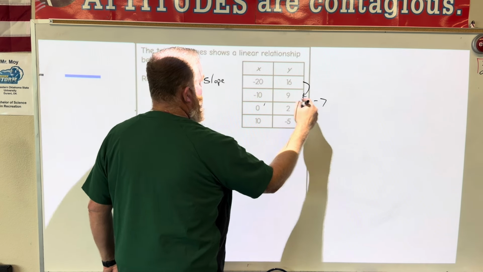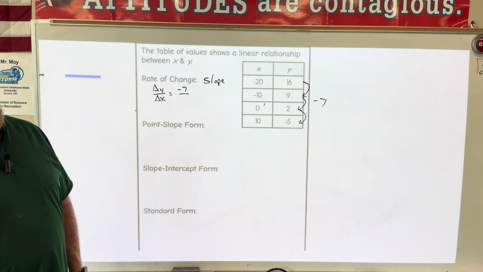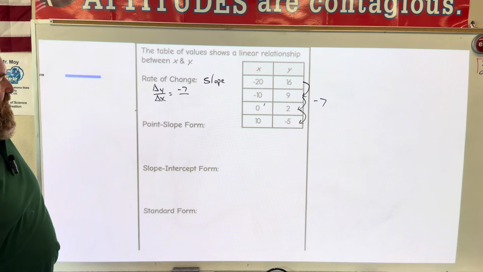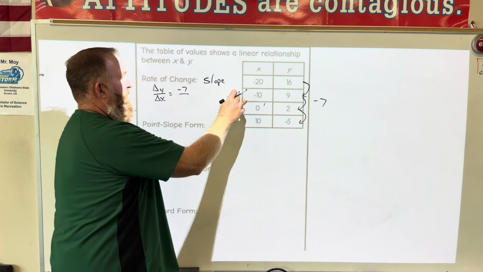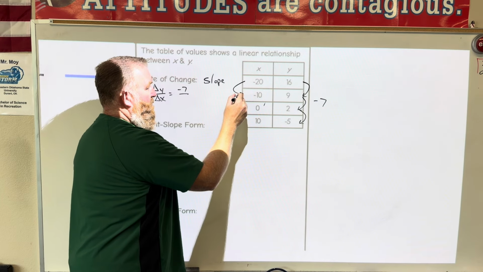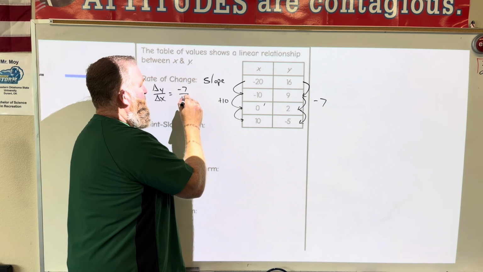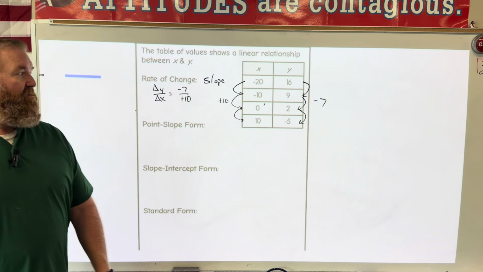They subtracted 7, so my pattern for the y is minus 7. What's the pattern for the x? How do you go from negative 20 to negative 10, then to 0, then to positive 10? They added 10 each time, plus 10. So there's my rate of change.